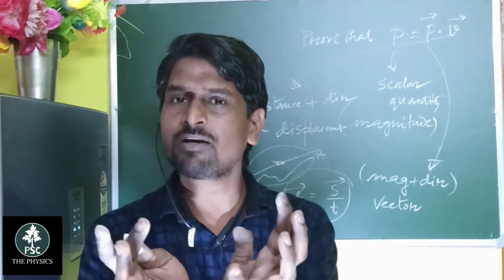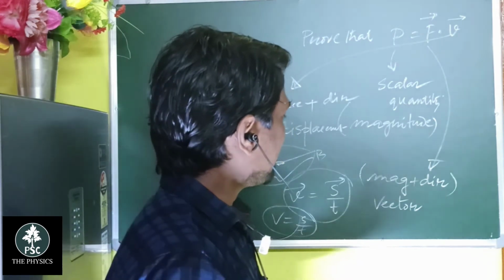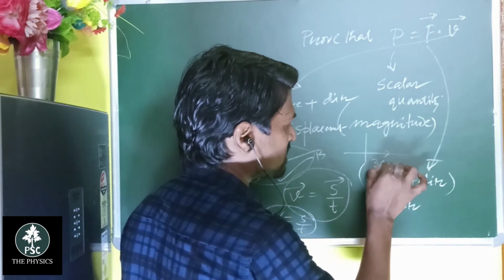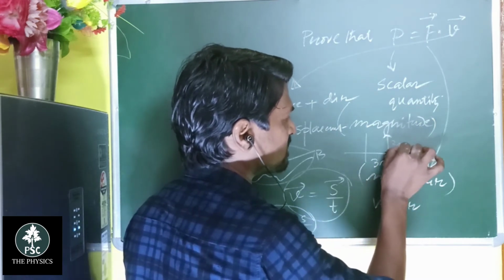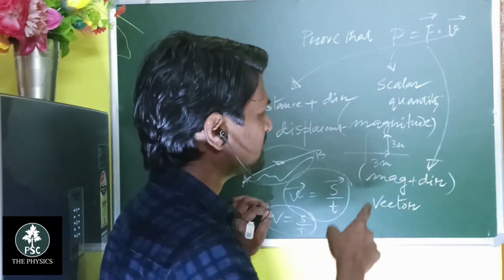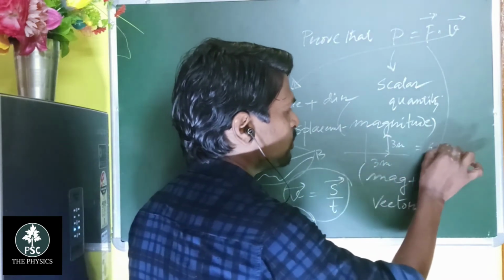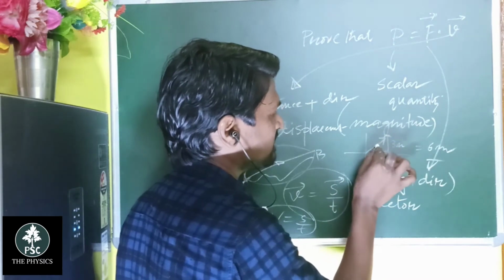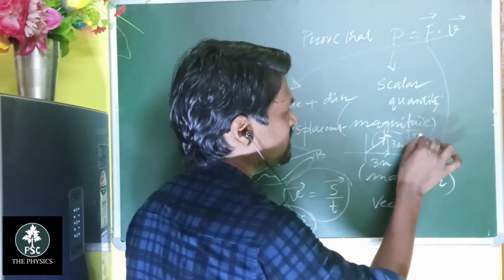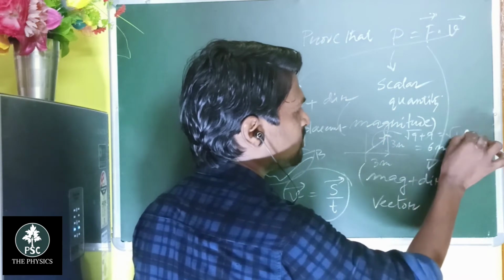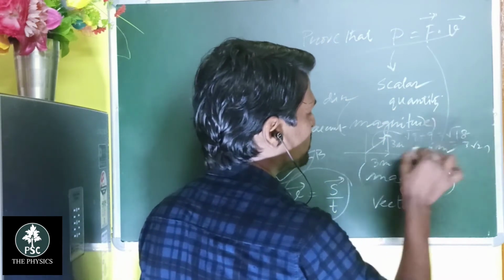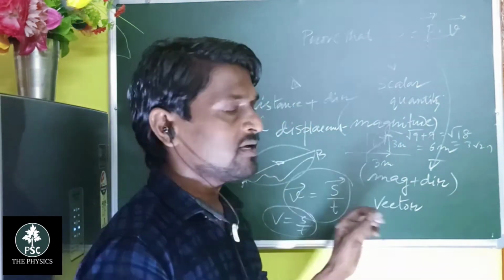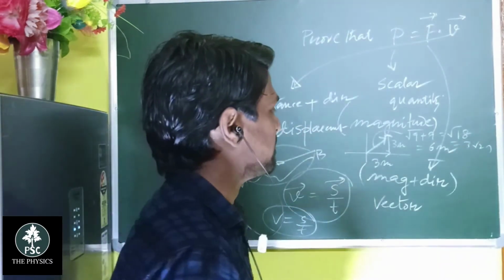There are some specific rules. You can easily think that you go 3 meters along this direction and 3 meters along this direction. Then you can say that 3 plus 3, we moved 6 meters. But if one moves along this direction, then he moves root over 3 square plus 3 square, that is root 18, that is 3 root 2 meters along the specific direction, and reaches the point that you have already reached.